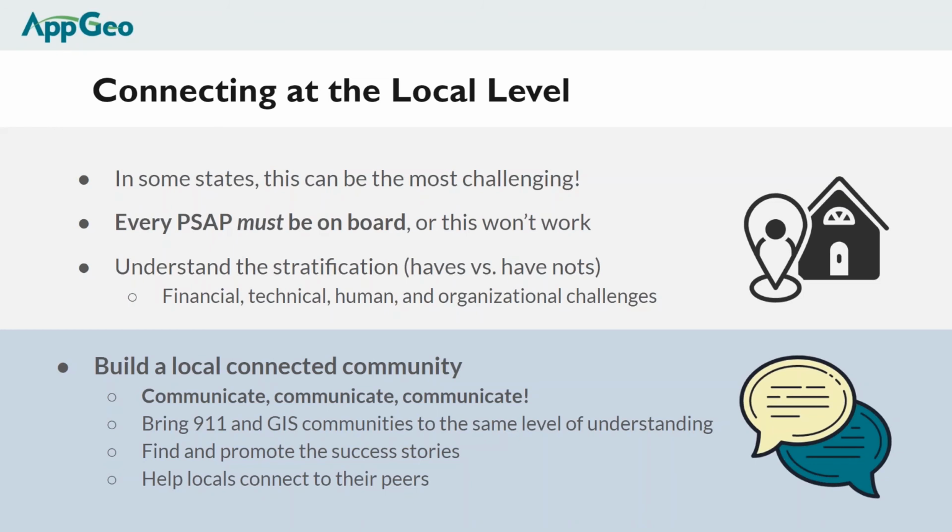GIOs are really good at building relationships, and they can help locals connect to their peers and help build their own local support system and utilize local relationships that already exist. But the educational aspect, that's really key. Getting everyone to the same level of understanding bridges that gap between the local GIS and 911 communities.